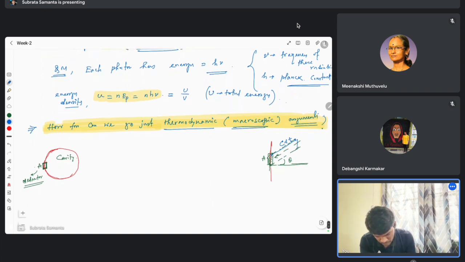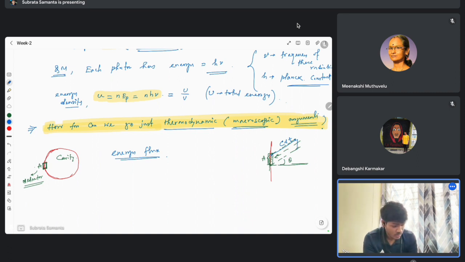Now we calculate the energy flux. First we calculate the pressure. The energy flux phi per unit frequency, in the case of this radiation, is one-fourth c times U, where U is the energy density.